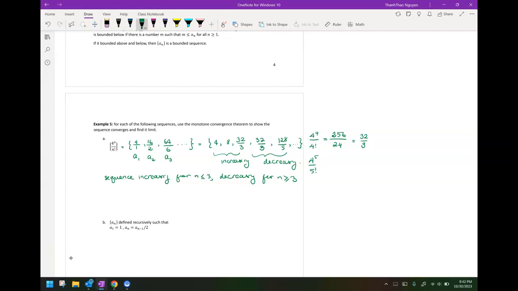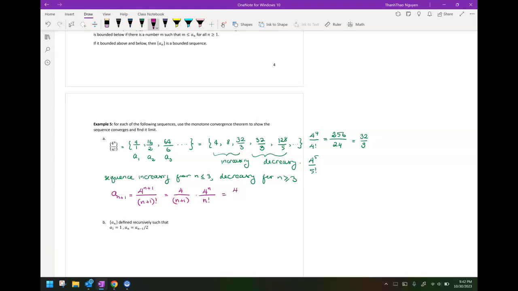So this means I can write this here. I can say that a sub n plus 1 is equal to 4 to the n plus 1 divided by n plus 1 factorial. So this is really just 4 divided by n plus 1 times 4 to the n divided by n factorial.